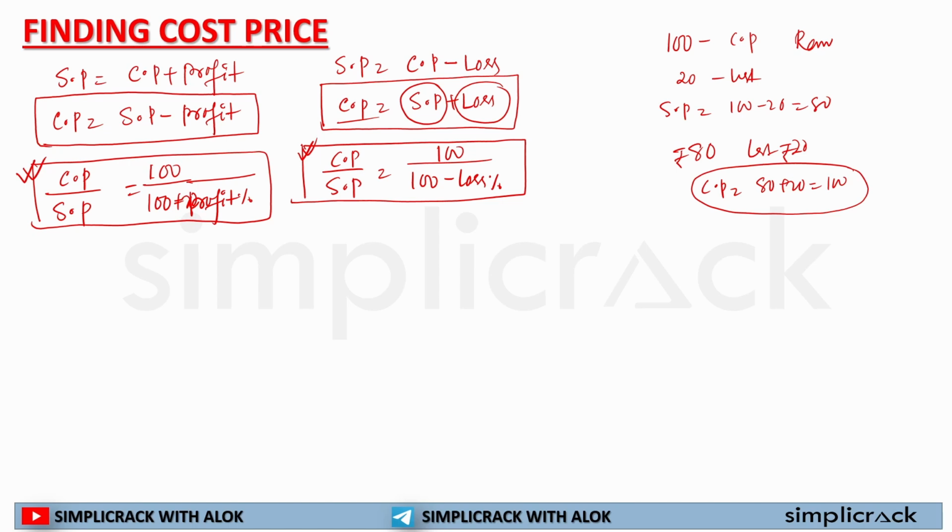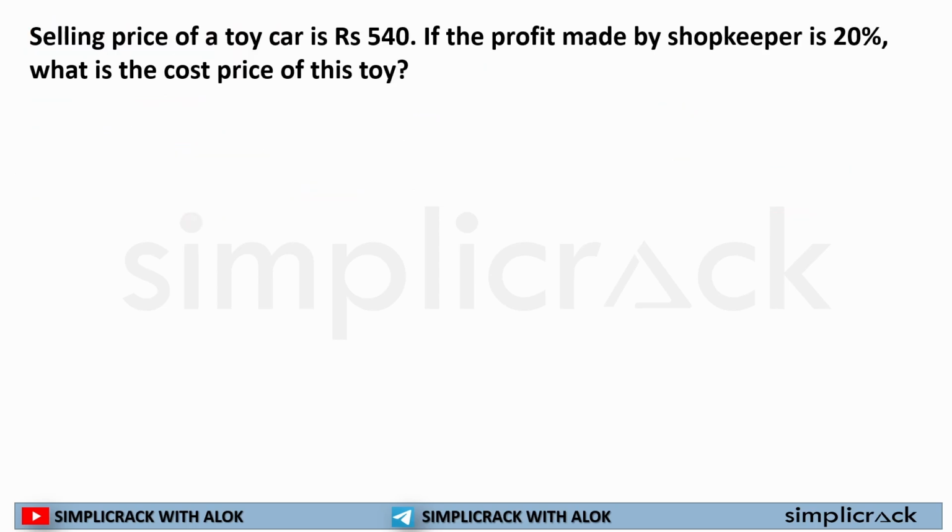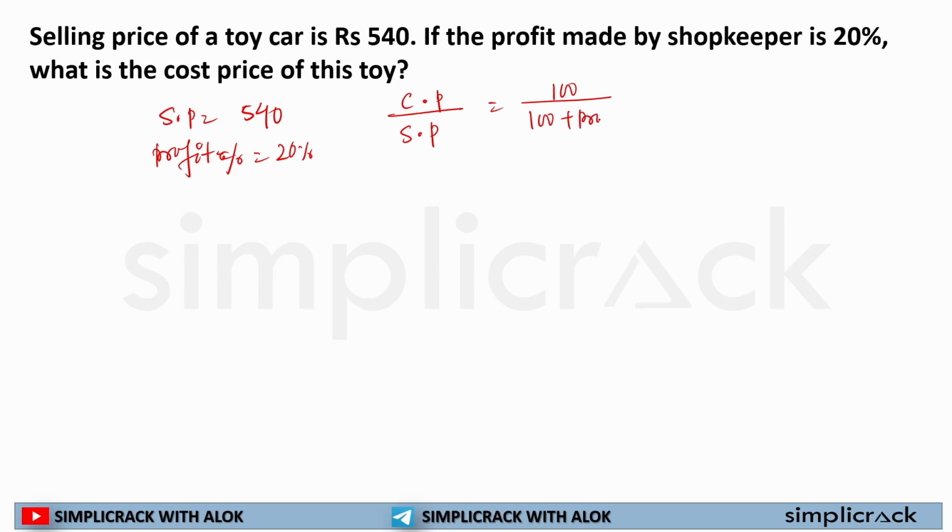Okay, now let's move on. Selling price of a toy car is 540. Profit percentage made by the shopkeeper is equal to 20%. What I told you, if profit is there, cost price by selling price is equal to 100 by 100 plus profit percentage.